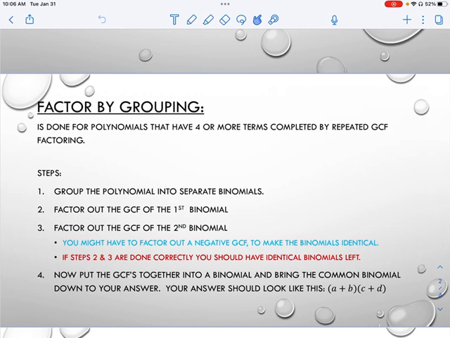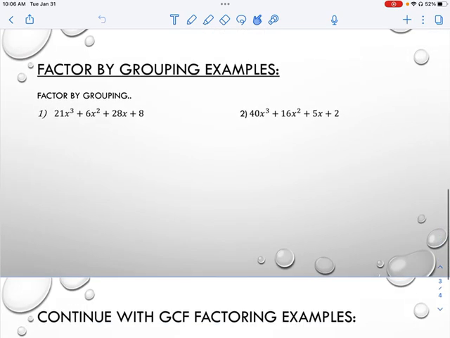Our goal is that the binomials will be identical at the end, what's left. Then we put the GCFs together in a binomial and bring the common binomial down, and your answer should be 2 binomials typically. All right, so let's give this a shot.